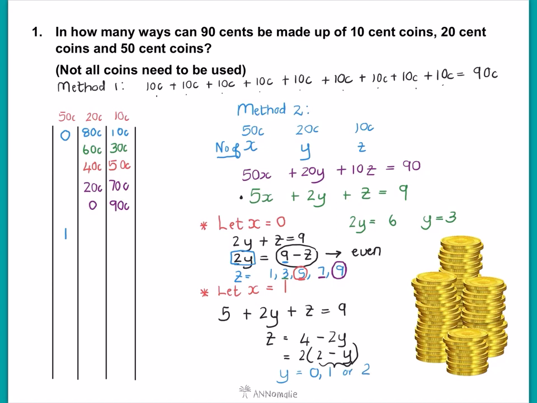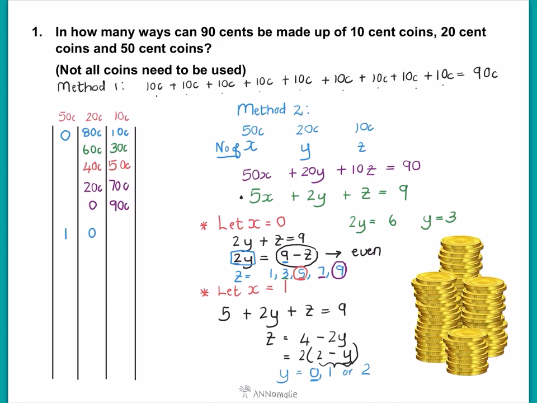If y is 0, we have no 20-cent coins. So that will then be no 20-cent coins. And let's look at the equation. Z will then equal, so we've got no 20-cent coins, so let's say 0.